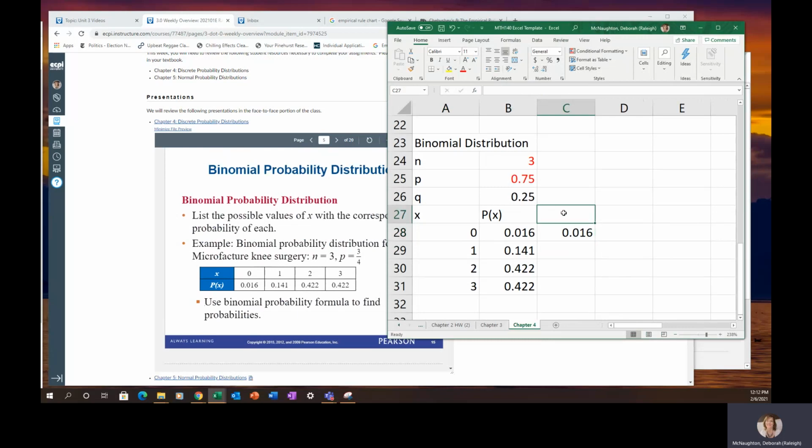And I'm going to write this formula above here for you. So it's equals, actually, let me copy this.